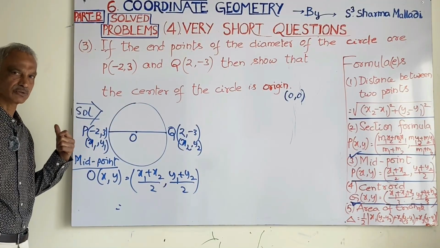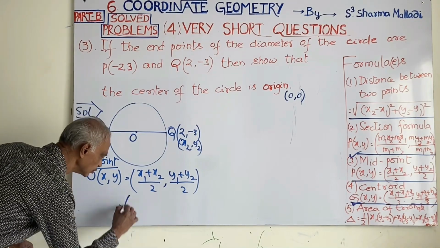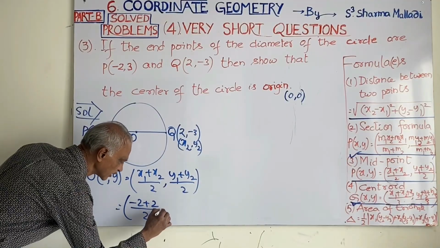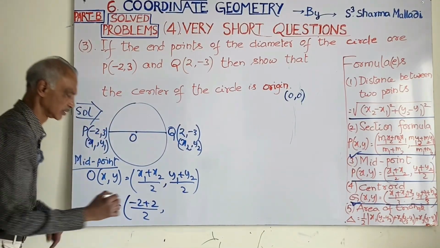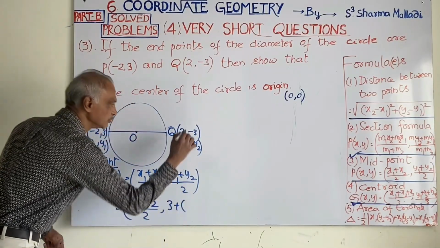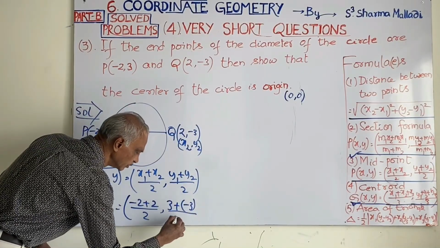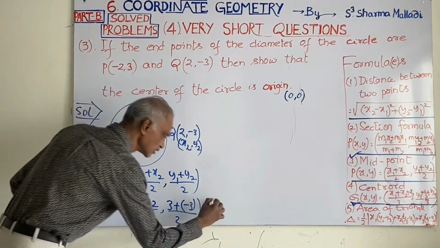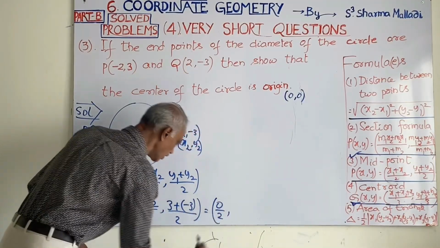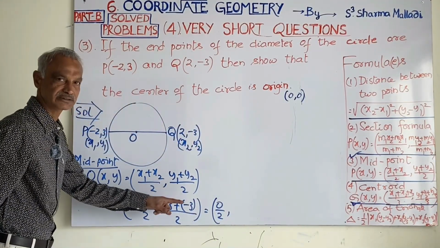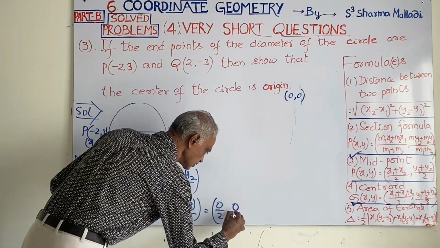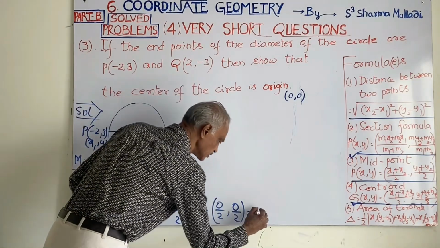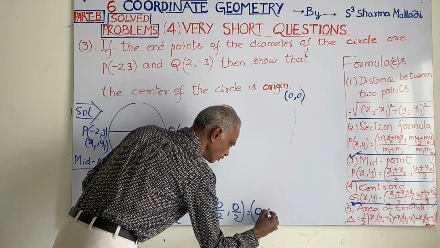Substitute x1, y1 and x2, y2. x1 is minus 2, plus x2 is 2, by 2, comma. y1 is 3 plus y2 is minus 3, by 2. That is minus 2 plus 2, 0, by 2, comma, 3 plus minus 3, 3 minus 3 is 0, by 2. 0 by 2 is 0 and 0 by 2 is also 0.